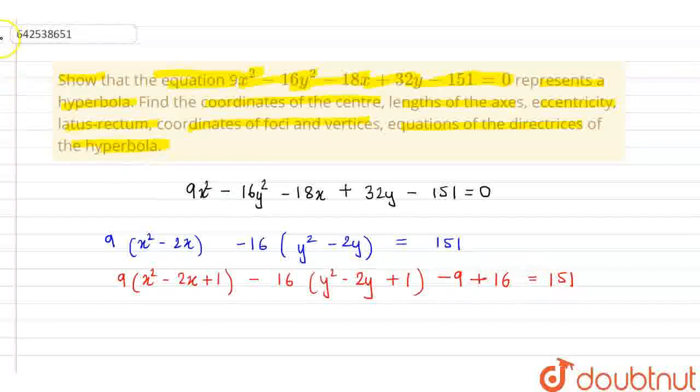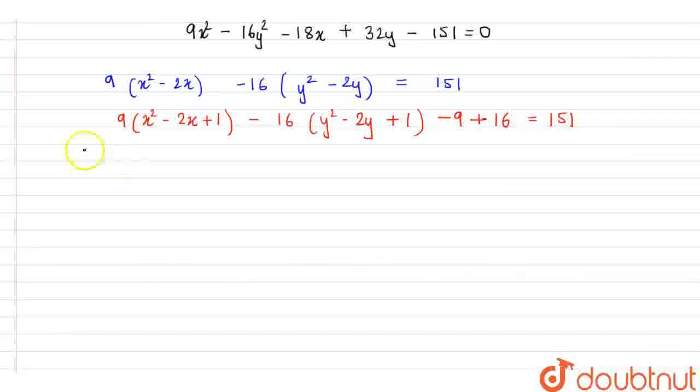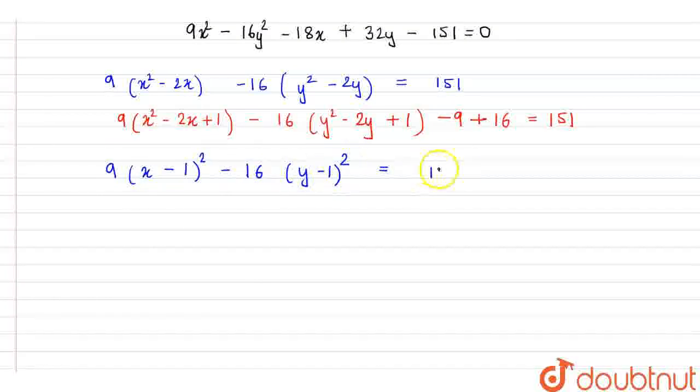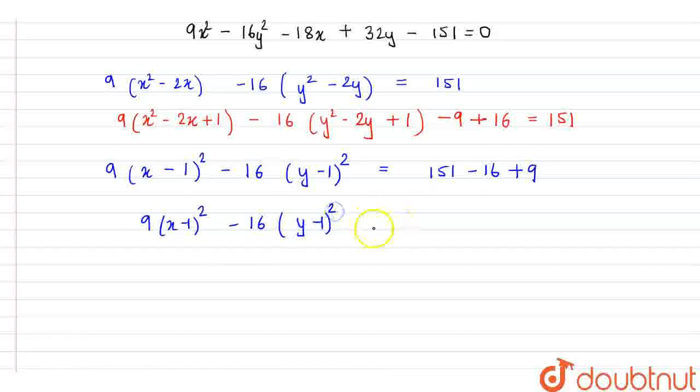Now this can be written as 9 into x minus 1 whole square minus 16 into y minus 1 whole square equals to 151 minus 16 plus 9. Further simplifying this, it will be 9 into x minus 1 whole square minus 16 into y minus 1 whole square equals to 144.